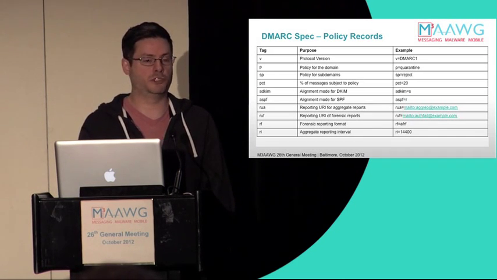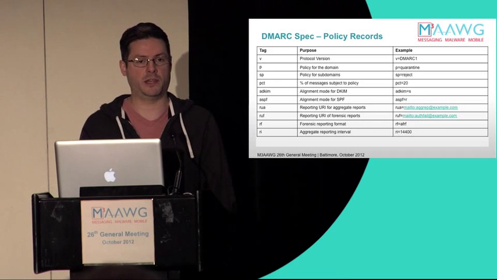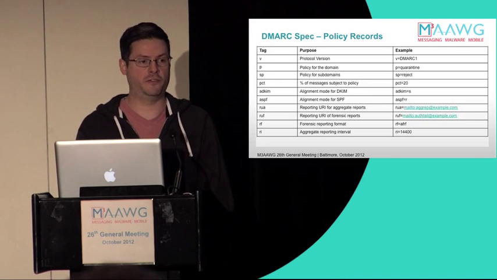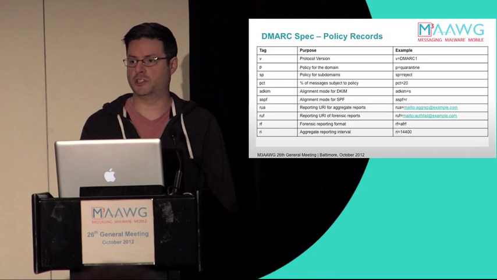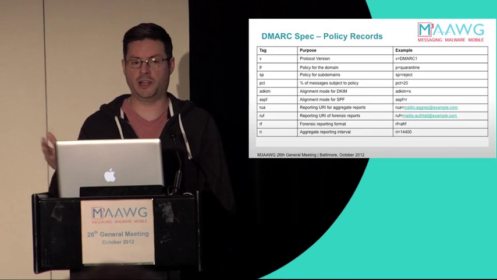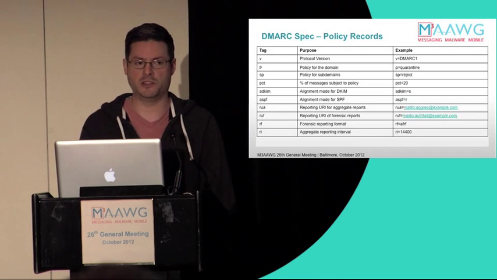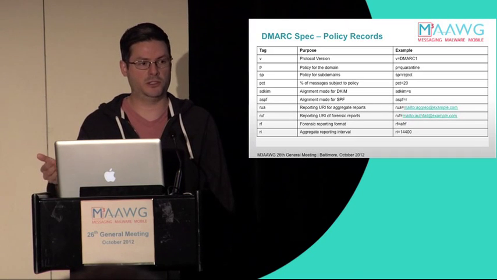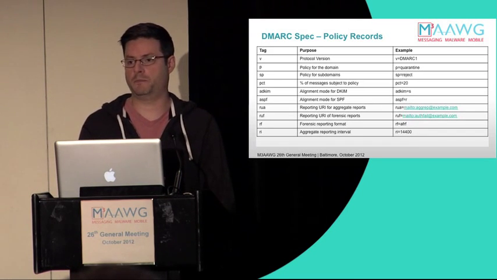So if you publish a reject policy and you don't specify the PCT field, then your policy gets applied 100% of the time. If you specify 50, then out of 100 messages, roughly, because if you have a highly distributed inbound infrastructure on the receiver side, there's no way to guarantee this, but the idea is that if an individual MTA process sees 100 messages from your domain, 50 of them could potentially be subject to the reject policy, and 50 of them would not.